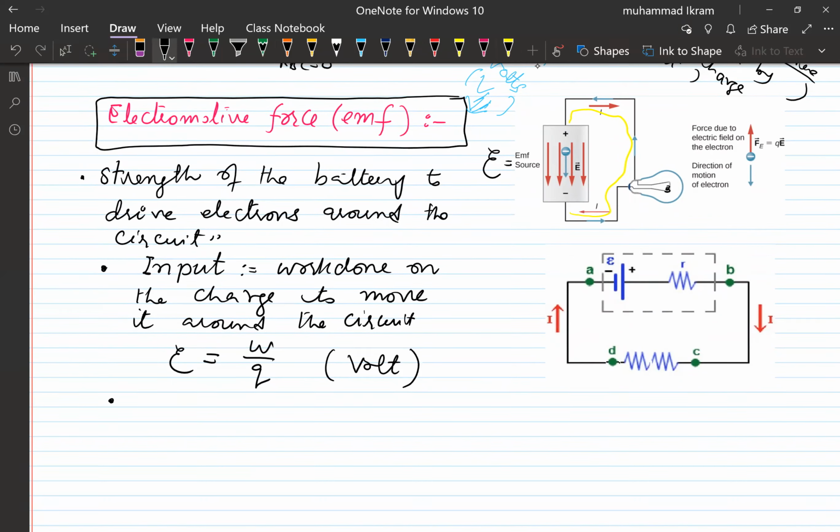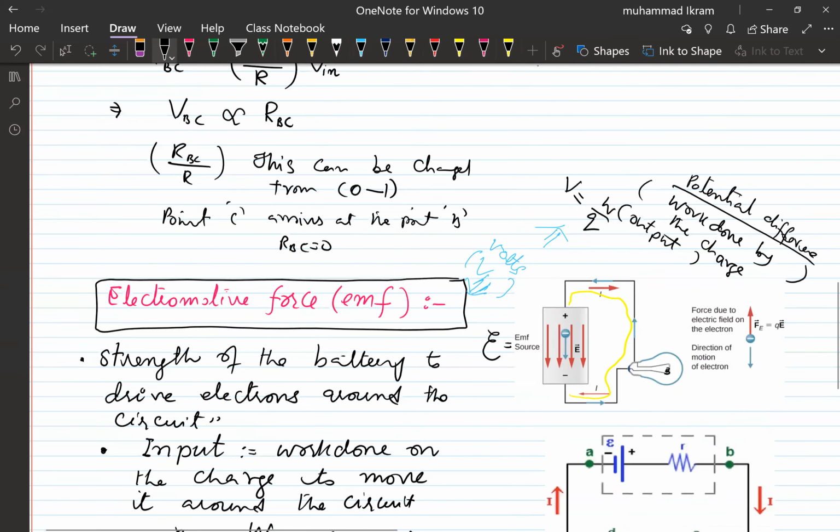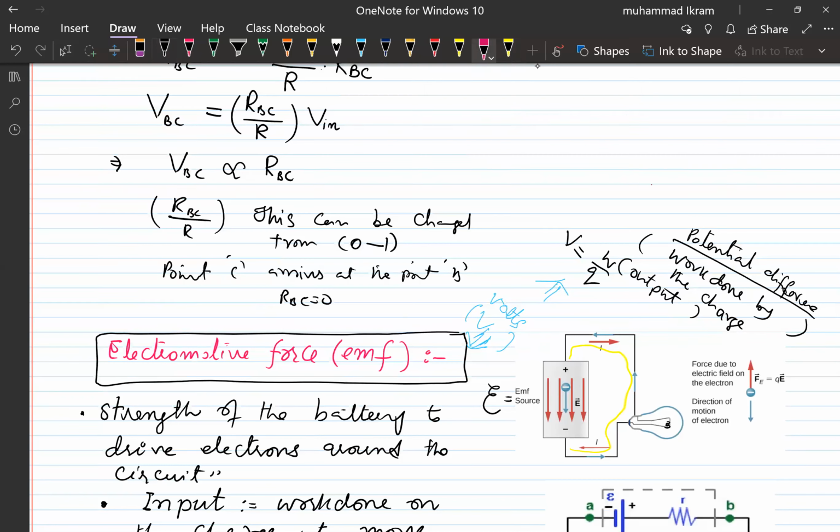And the electromotive force exists even when the circuit is open. It is just like when you switch off your smartphone, still the battery has energy in it. But contrary to this, the potential difference only exists when the circuit is closed. That is the main difference.